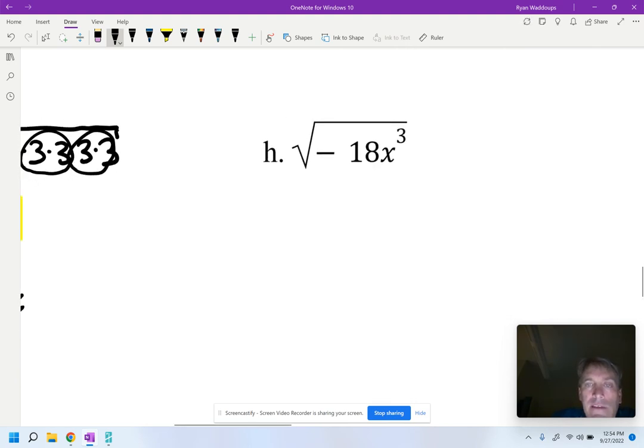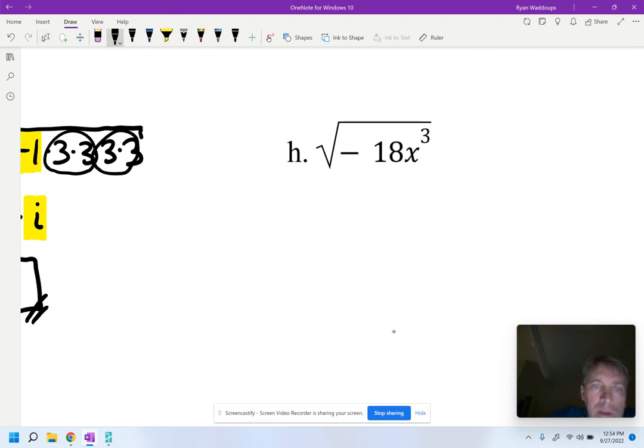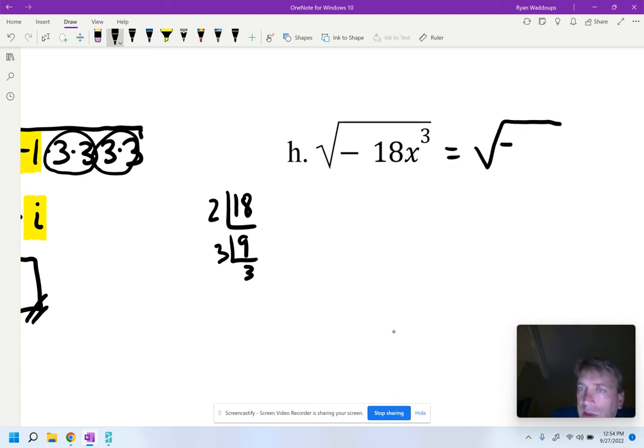And then we've got, let's see, the square root of -18 x cubed. 18 is 2 times 9, and 9 is 3 times 3. And so the prime factors are 2 times 3 times 3. So we have the square root of -1 times 2 times 3 times 3 times x cubed.